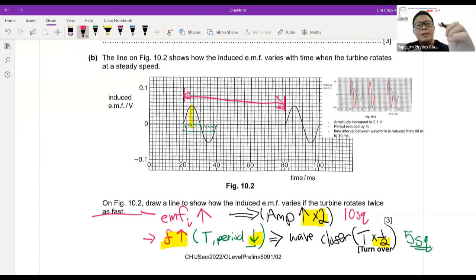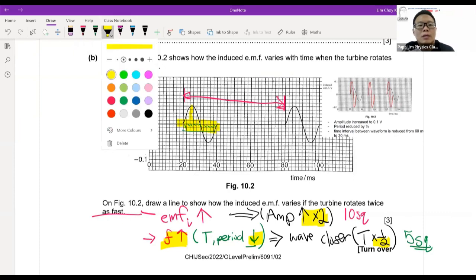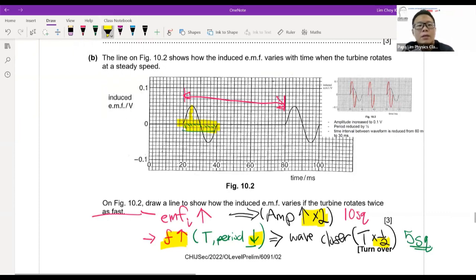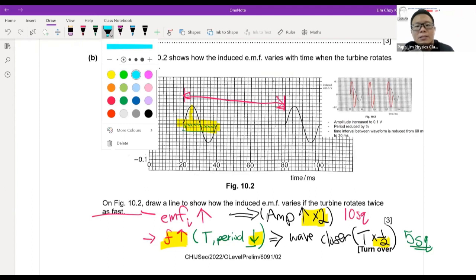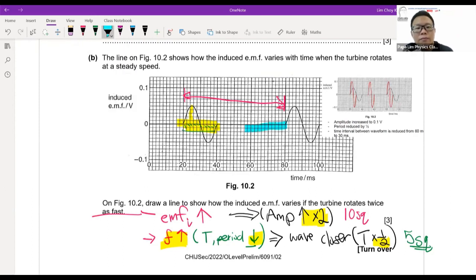So which means that while the wave period reduces by half from 10 squares to 5 squares, the spaces between the waves will also reduce because of the twice rotation speed.